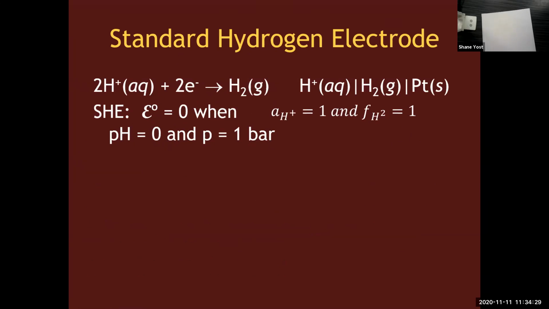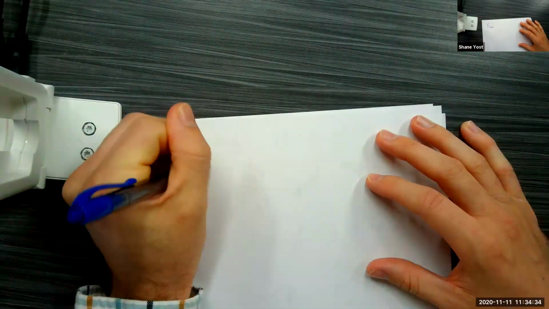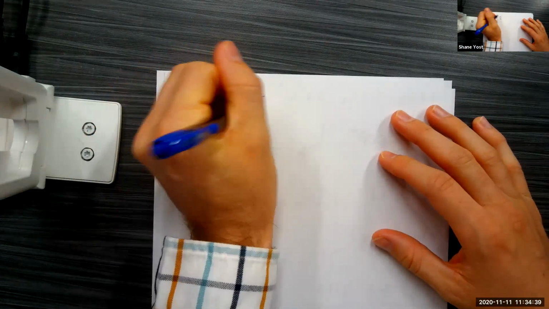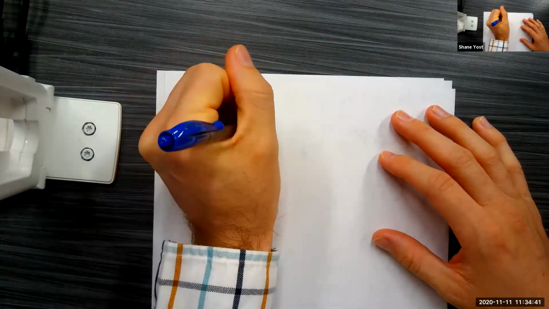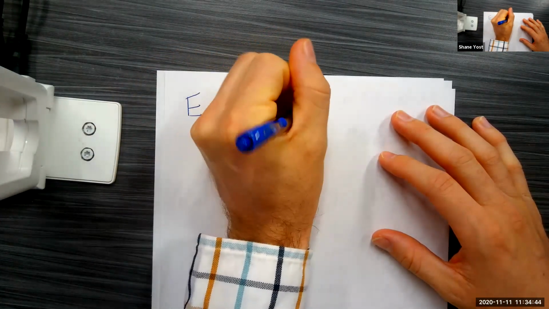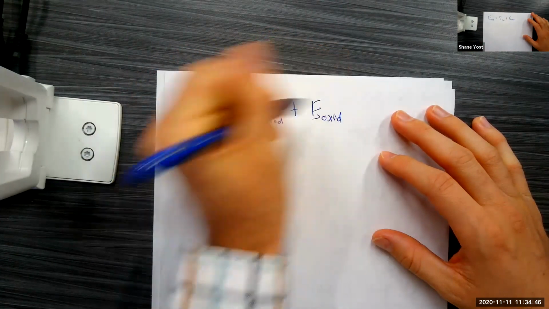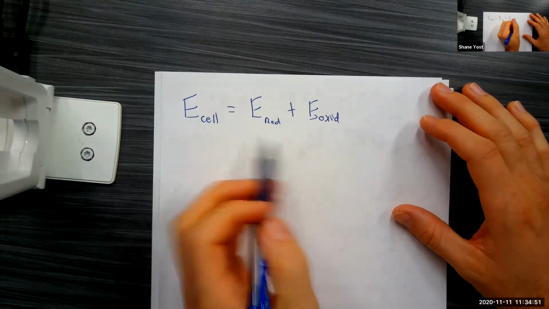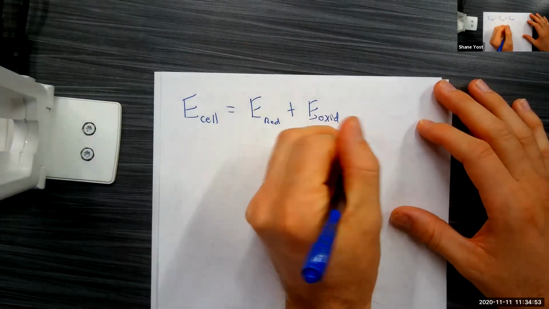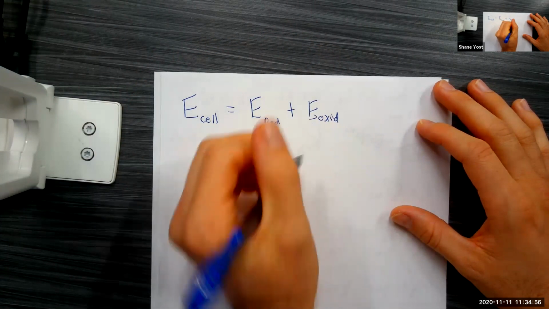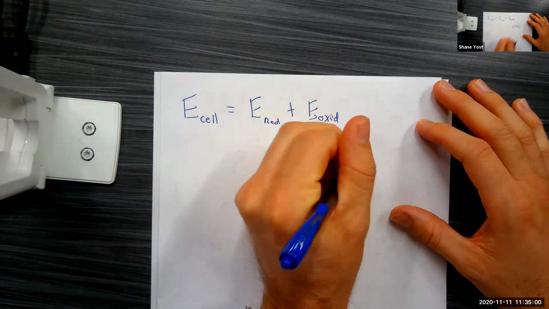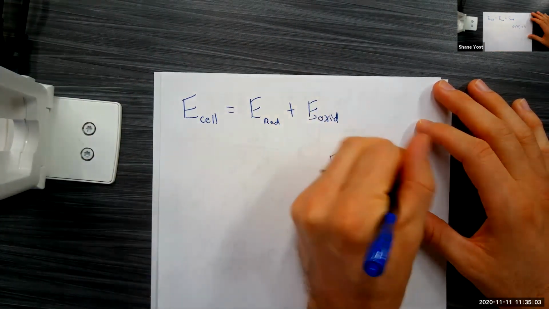So again, just writing out some of these things: the overall cell potential is just equal to the reduction cell potential plus the oxidation cell potential. If one of these reactions is the standard hydrogen electrode, the H+ going to H2 half reaction, that's defined as 0.